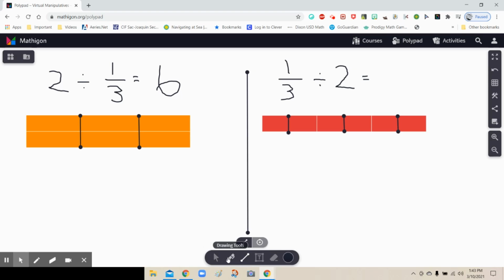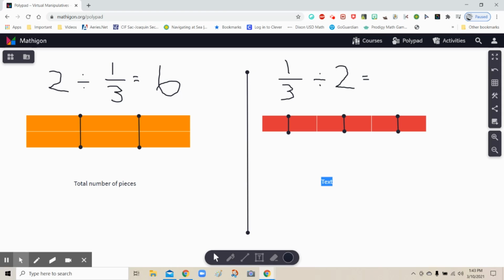And so the difference is over here, you are looking at the total number of pieces. But what we're doing here for this answer is we are looking at how the size of one piece changes.